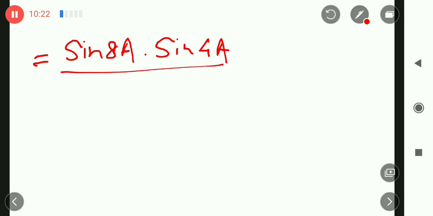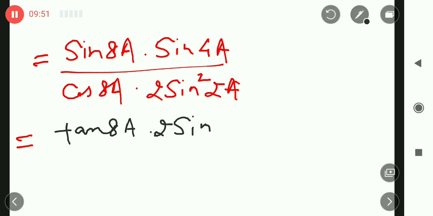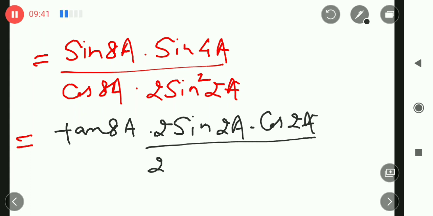Okay, now see, sin 8a by cos 8a can be written as tan 8a, and here sin 4a, in place of sin 4a can we write 2 sin 2a into cos 2a, and by 2 sin square 2a.